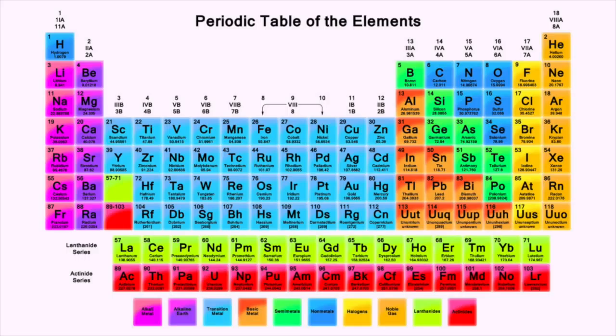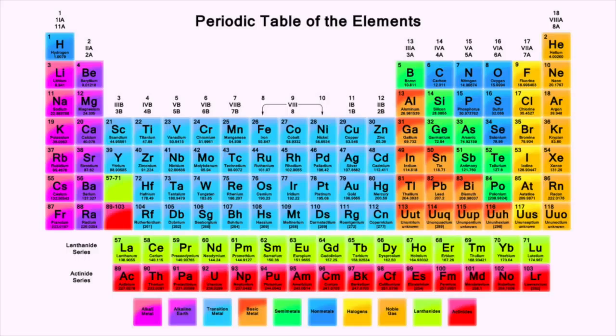Compared to fluorine, it is at the complete opposite end of the table and of the spectrum. Now the properties also change as you move down. As you move down the table, you go from nonmetals to metalloids to metals. This is most apparent on the right side of the table.